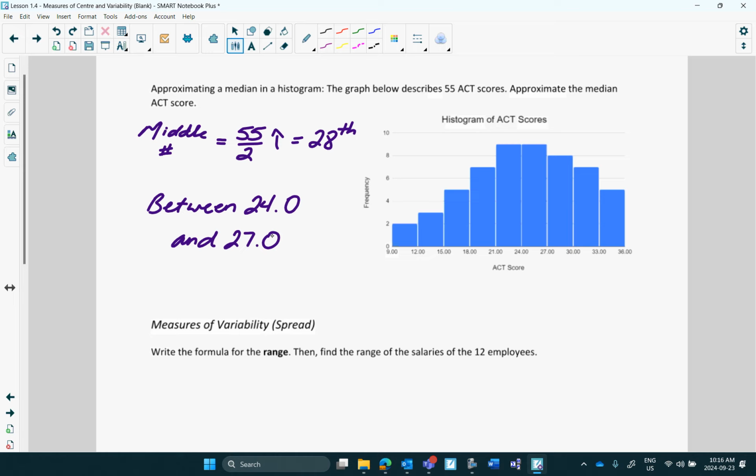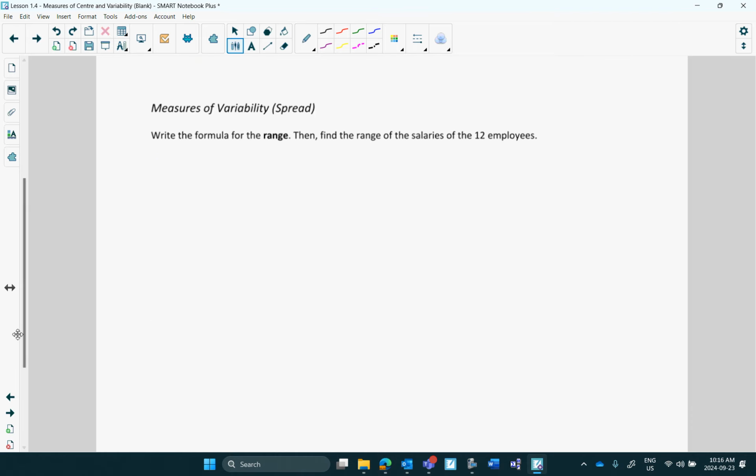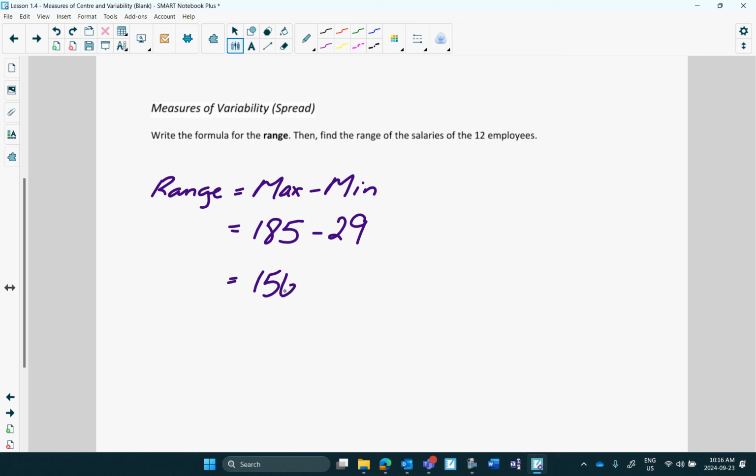Okay. Range. Range, pretty straightforward. Range is the maximum value minus the minimum. We've talked about that. So in our example, it would be the maximum value of 185,000 minus the minimum value of 29,000, which gives us 156.